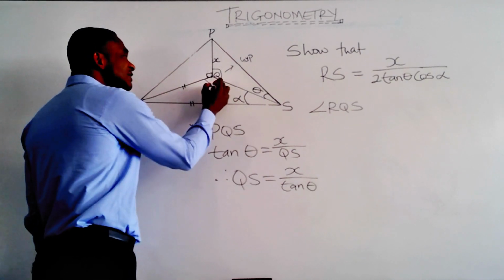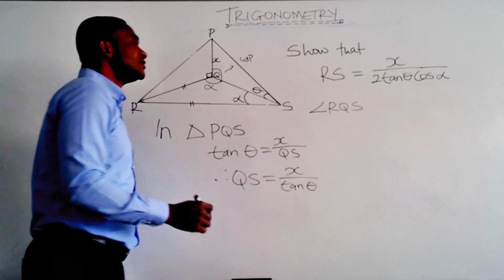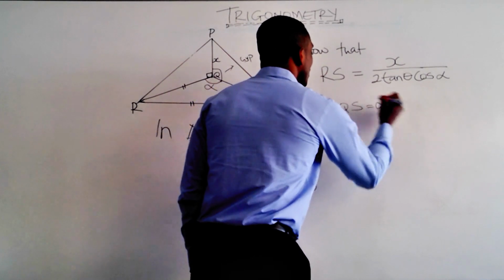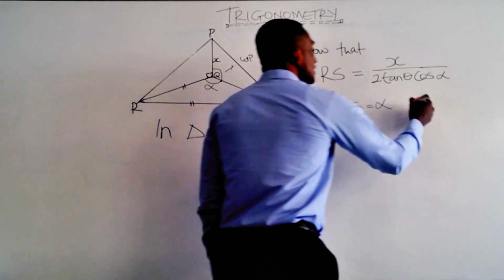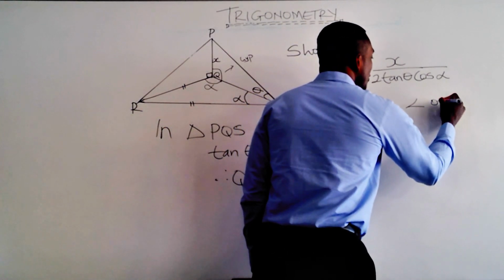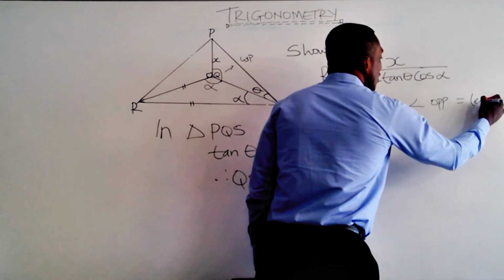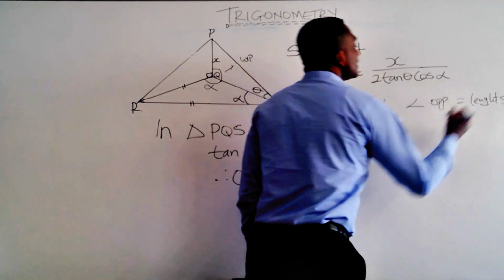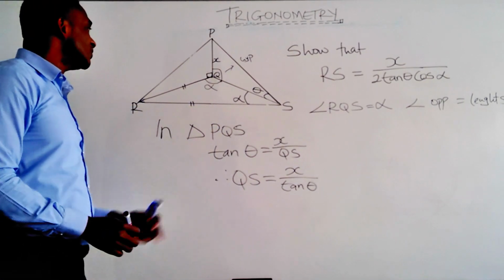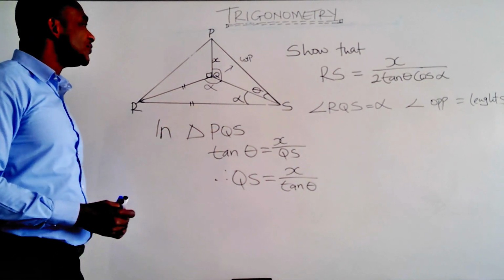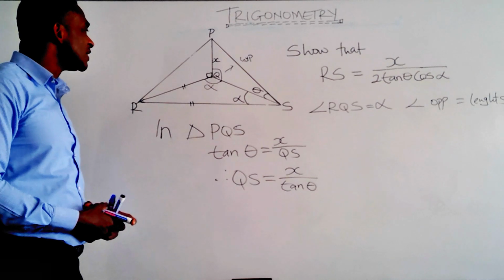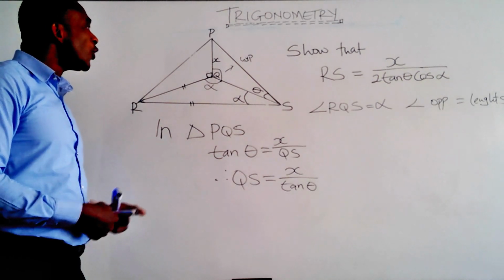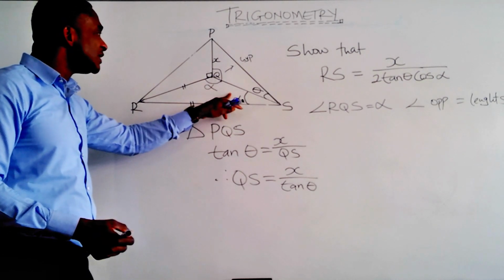So this will also be alpha. And our reason is angle opposite equal lengths, or we can just say isosceles triangle RQS.